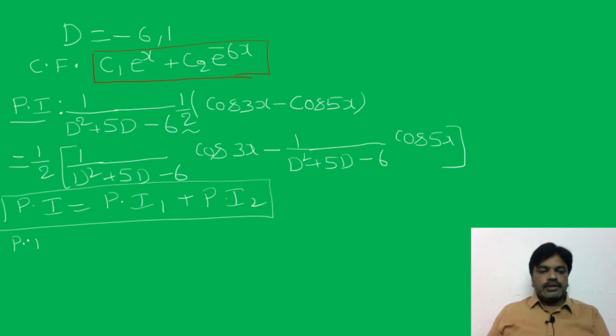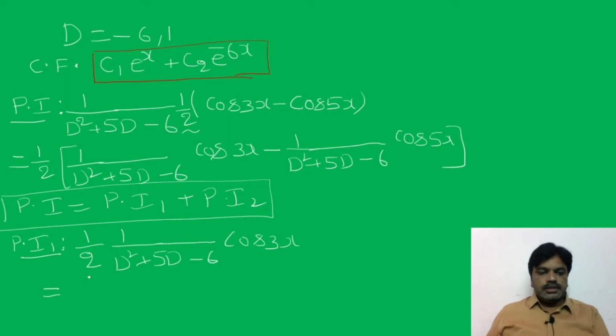Now particular integral 1, friends. What is particular integral 1? 1 by 2 into 1 by (D square plus 5D minus 6) into cos 3x.